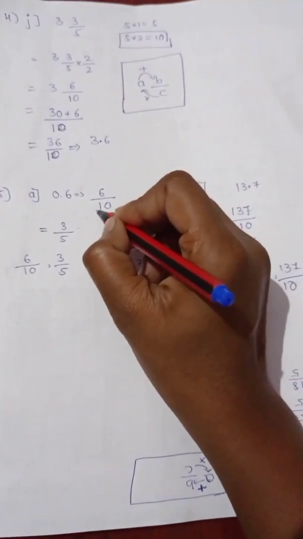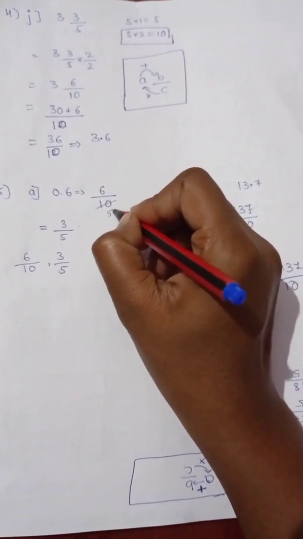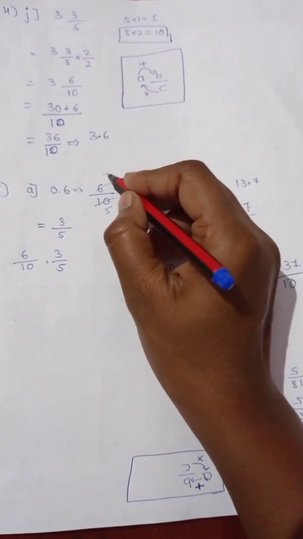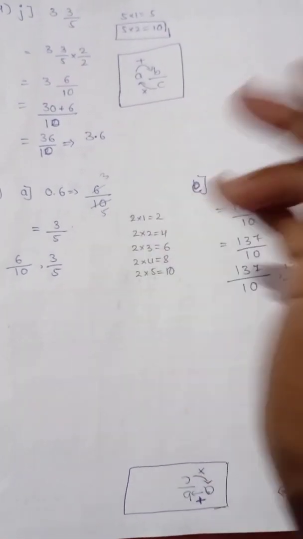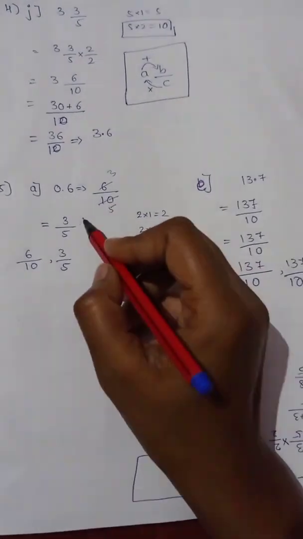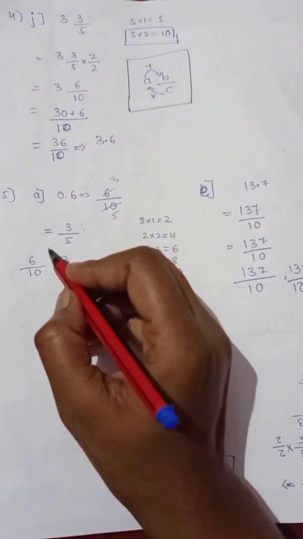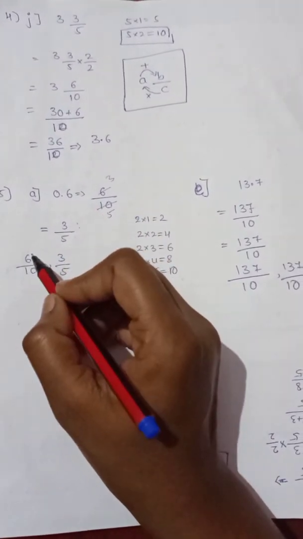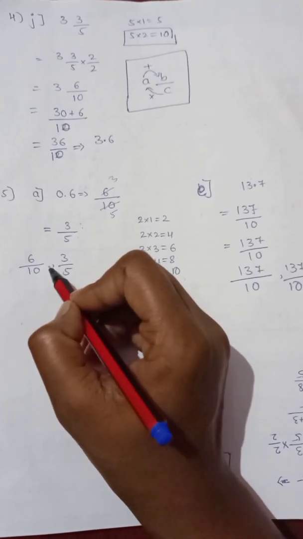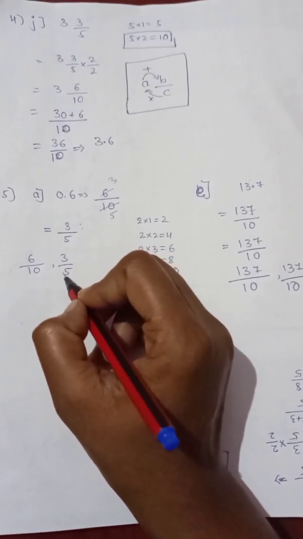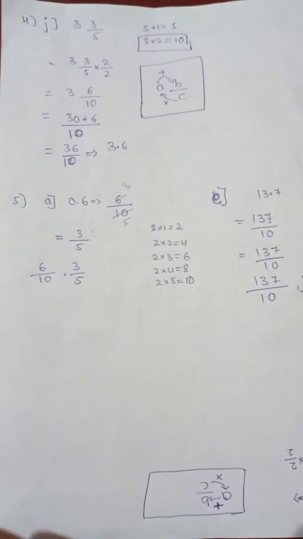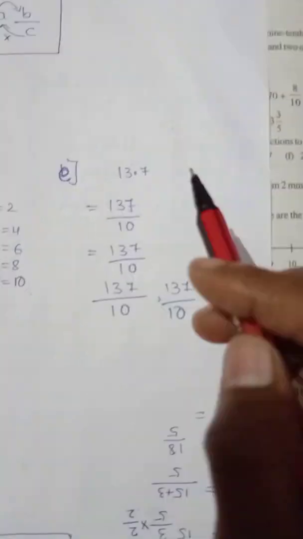So I will divide by this. 2 fives are 10, 2 threes are 6. So now what is the reduced form? 3 by 5. Okay. Now we will move to the next question.